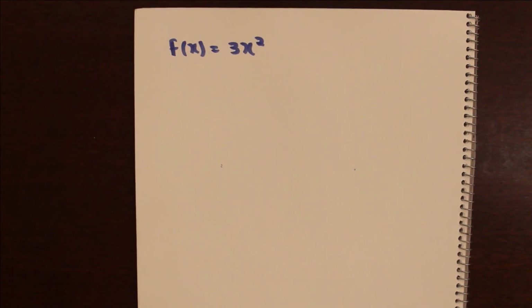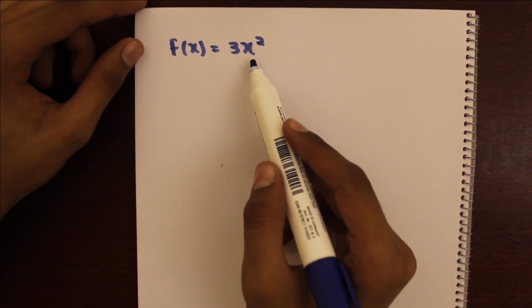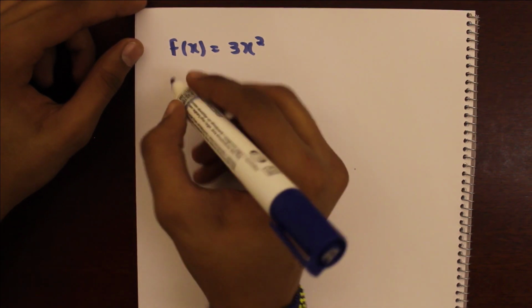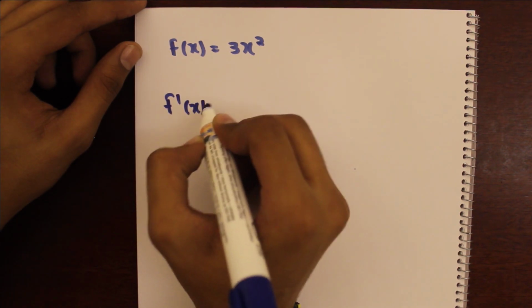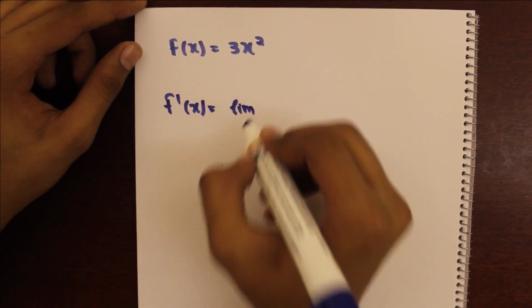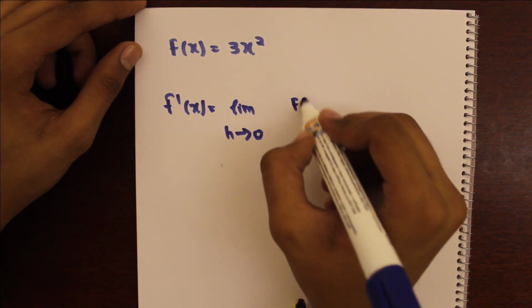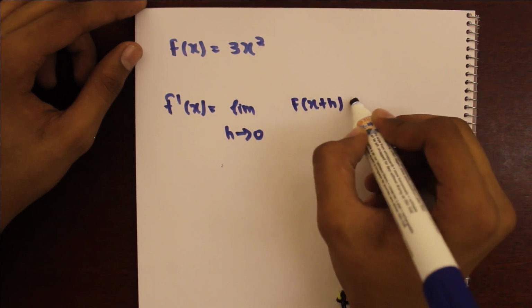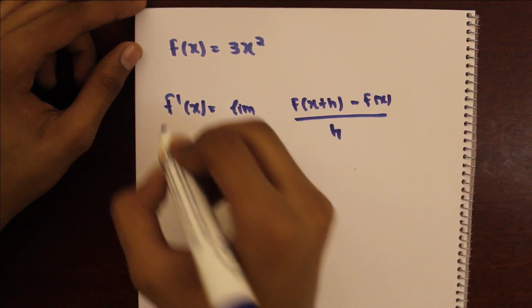Okay, so now we have a specific function over here, and we have to find the derivative of this function using first principles. First we write down the formula for first principles, which is f prime of x is equal to the limit as h approaches 0 of f of x plus h minus f of x over h.